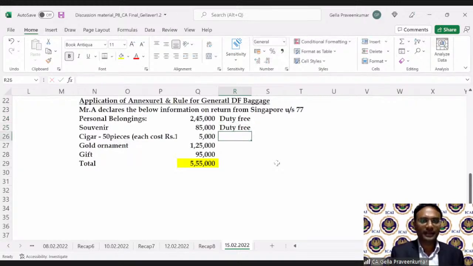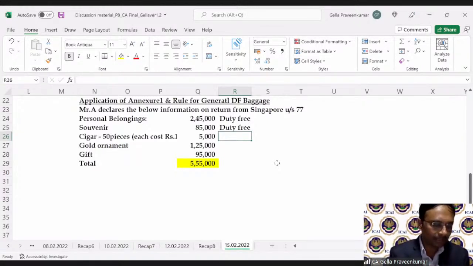Souvenir, duty-free. Cigar. Now, excluding articles, like, articles up to value of rupees 50,000, excluding articles mentioned in Annexure 1. So when I calculate rupees 50,000, I exclude the articles mentioned in my Annexure 1.